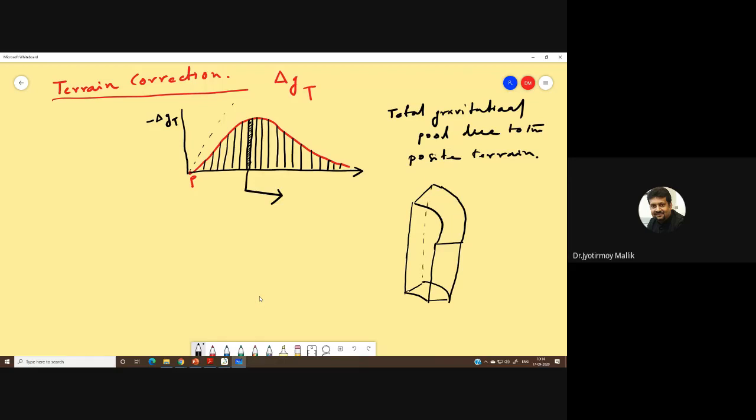This is more or less how this will look. Okay. And then let us say here is my point P, and let's say here is the Z axis, of course.